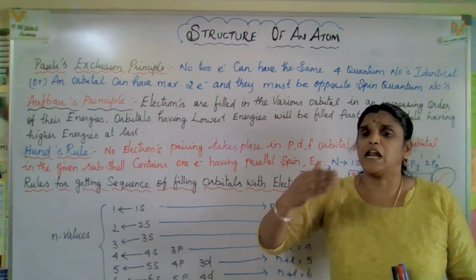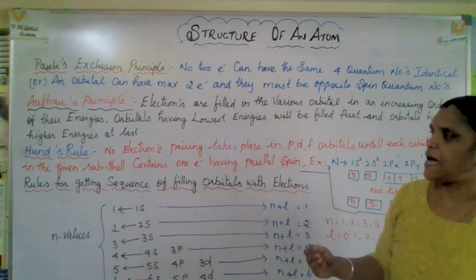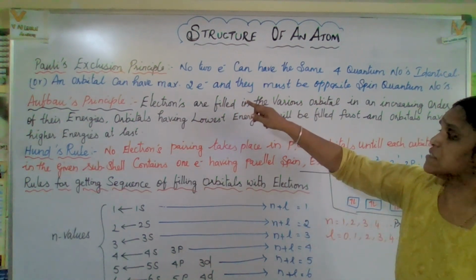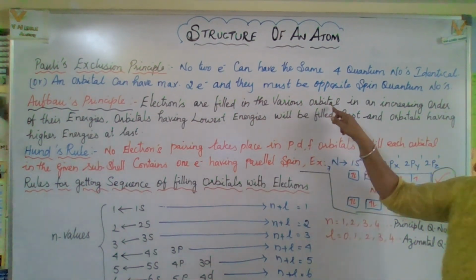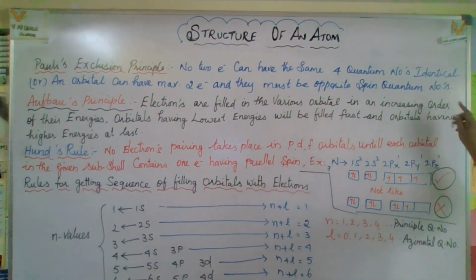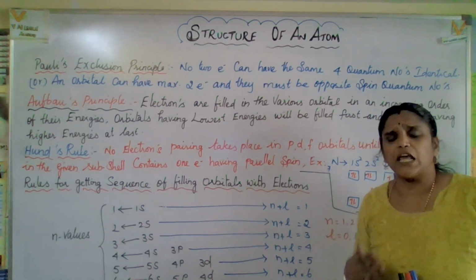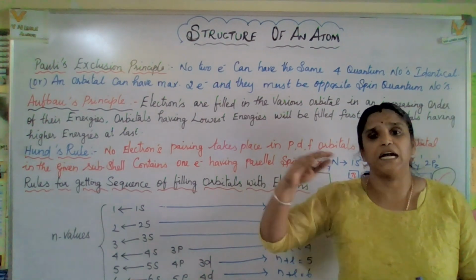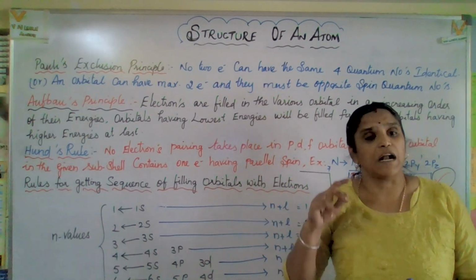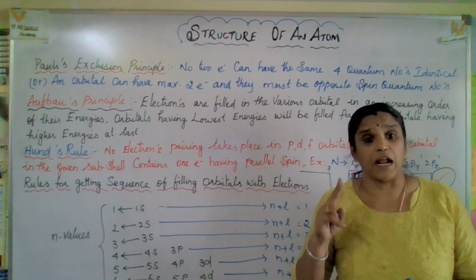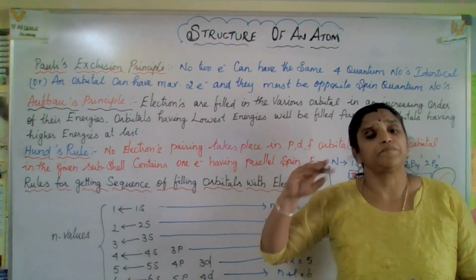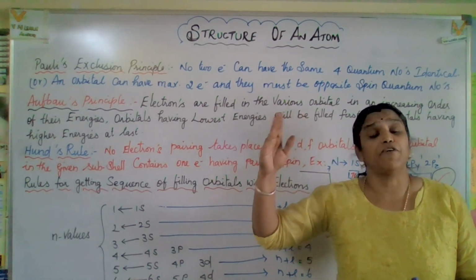Now, a little better way, Aufbau has given that idea. Electrons are filled in the various orbitals in an increasing order. What is the meaning of increasing order? s, p, d, f. The s orbital can occupy only two electrons, p orbital 6, d orbital 10, f orbital 14.